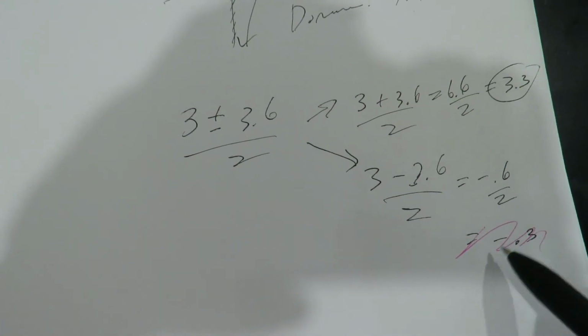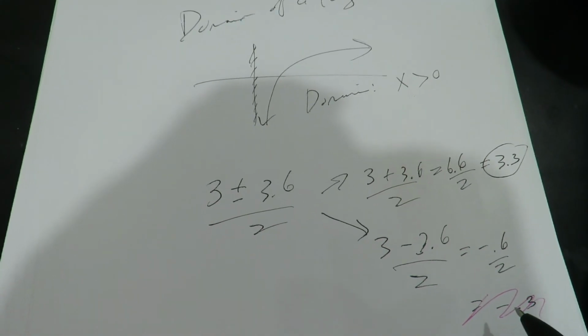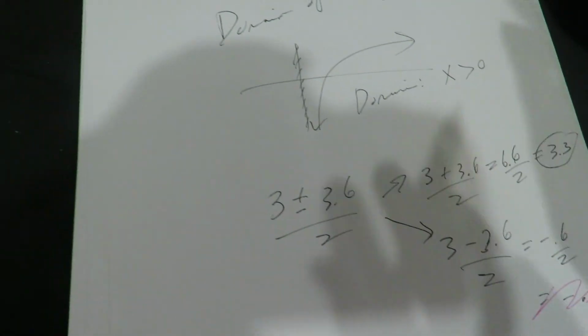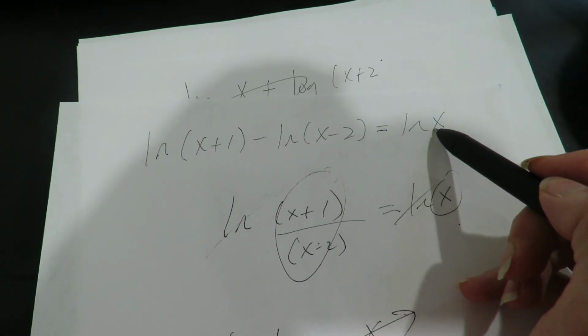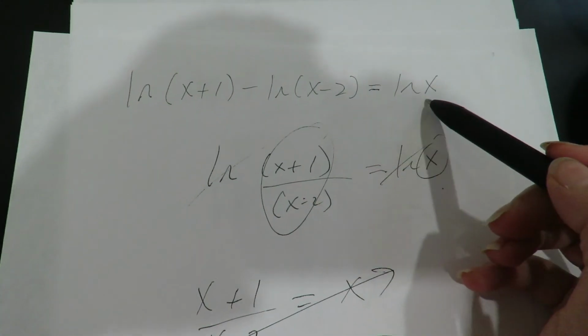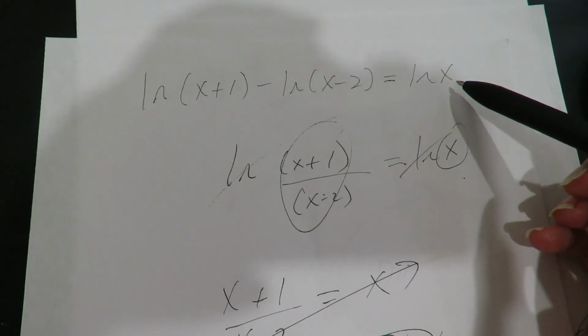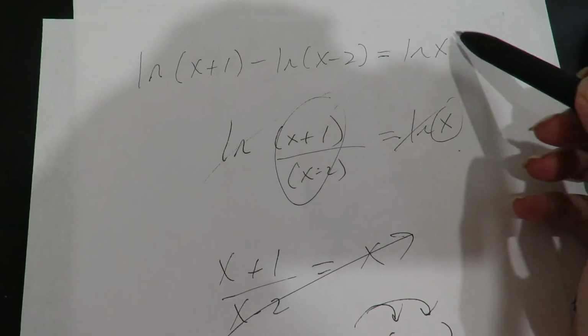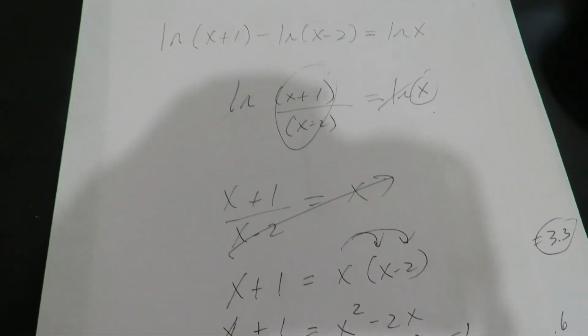That's what I'm trying to stress here: you can't use any x value you want for a log. If it makes the inside negative when you plug it in, then you have to throw it away. It's not just that x is negative. If this had been x plus 100, when I plug in negative 0.3, it would not have made that negative. When you plug it in, overall, it has to be positive.